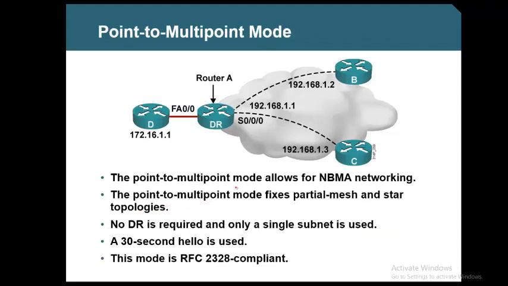Point to multi-point: in this, neighbors are dynamically discovered, but there is no DR-BDR election. Timers are the same, 30 and 120. This is okay if you have full mesh, partial mesh or star topology because there is no DR-BDR election.